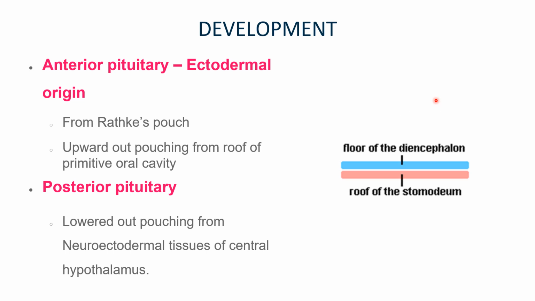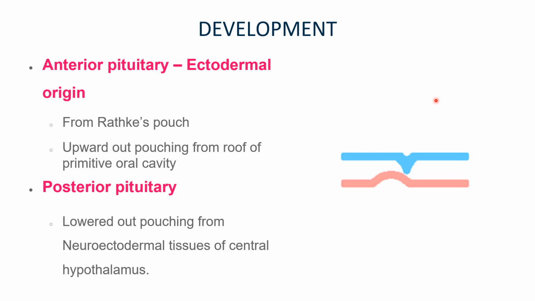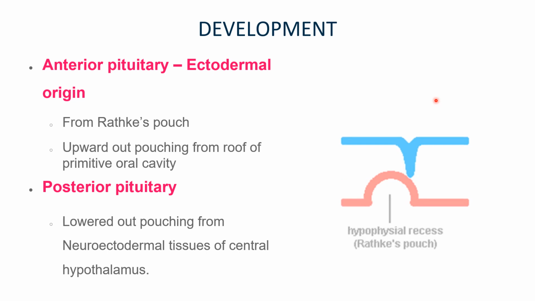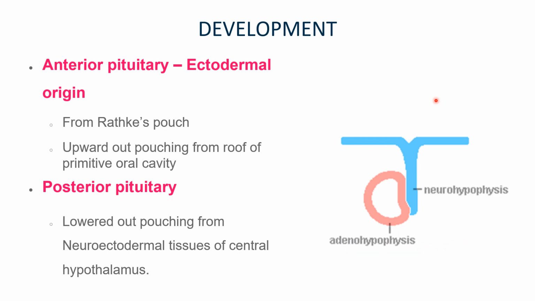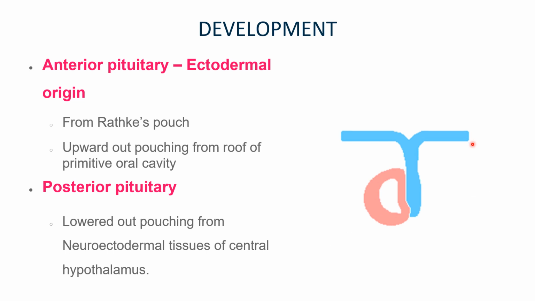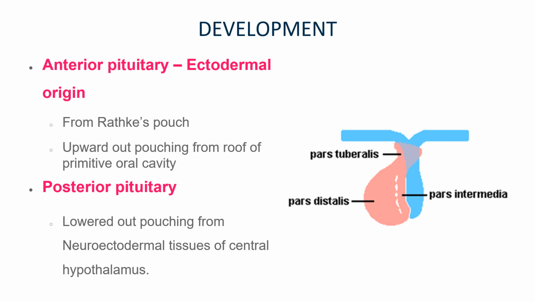So it is clear that the anterior and the posterior pituitary develop independently from two different areas, and it is only a coincidence that when they formed they are lying very close together, so they are considered parts of the same organ, but their source of origin is completely different.